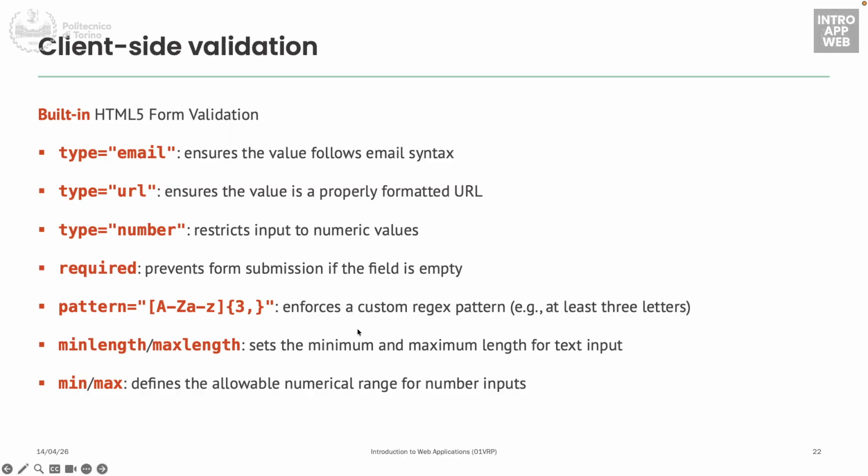Then we have the pattern that enforces a custom regex pattern, for example with at least 3 characters. We have minlength and maxlength, for text values, which are the minimum and the maximum character length. And then we have min and max, which are not for text characters, but for numerical values: the minimum number and the maximum number that is acceptable.